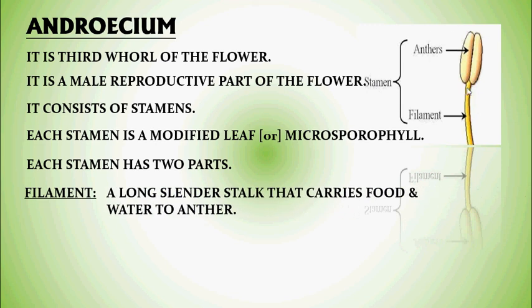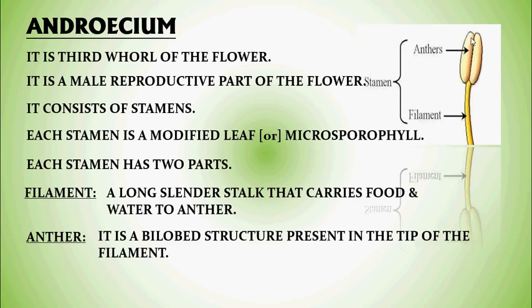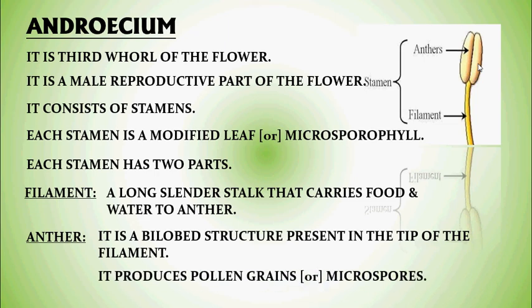It is a long, slender stalk that carries food and water to the anther. Second part, anther. It is a bi-lobed structure present at the tip of the filament. Anther produces pollen grains or microspores.